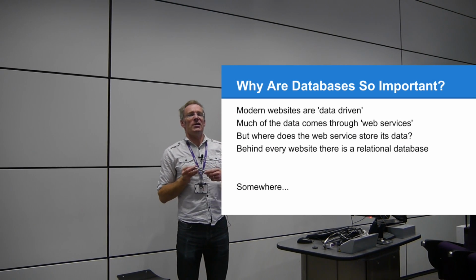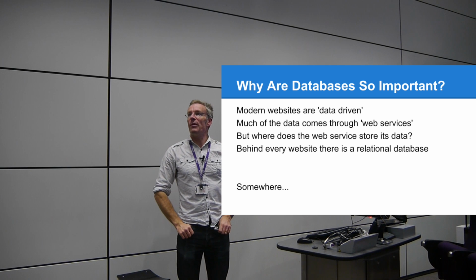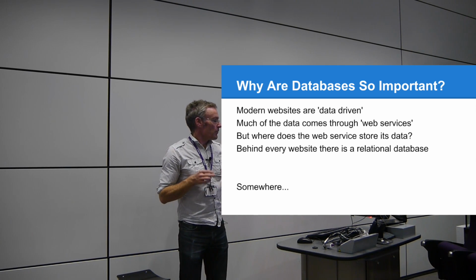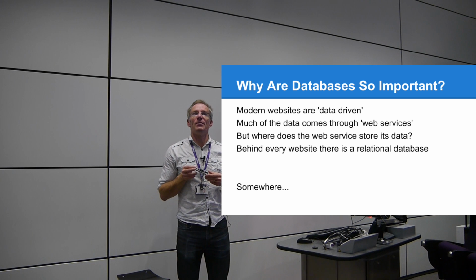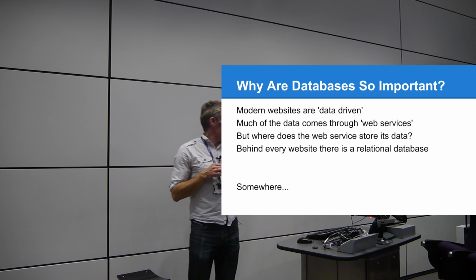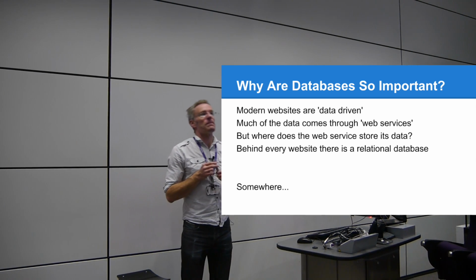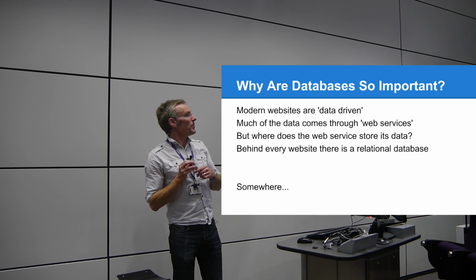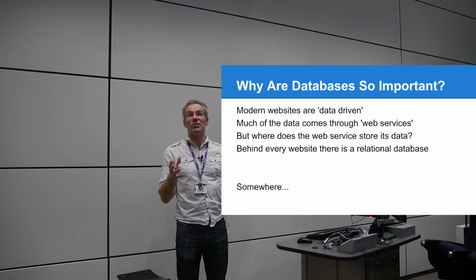So why am I standing here in front of a Modern Web 1 module talking about databases? Well, fundamentally, almost every website you see on the internet is data-driven. There's some data somewhere in the system. And if we're doing that, we need to store the data somewhere. And the tool that's best optimized for storing data is a database. So behind 99% of websites, there is a database of some sort.